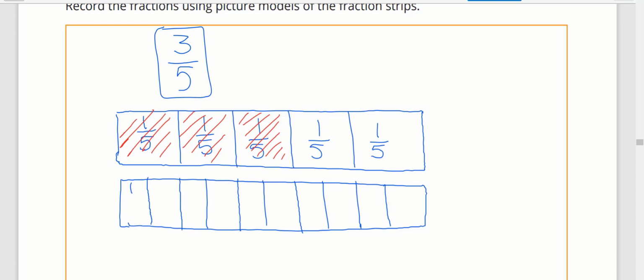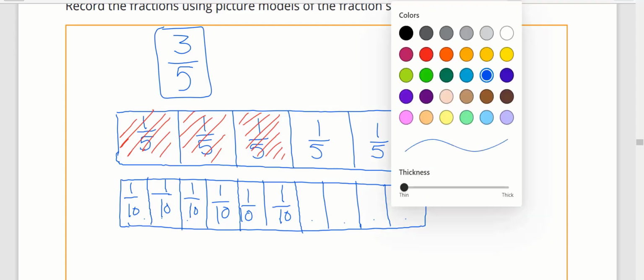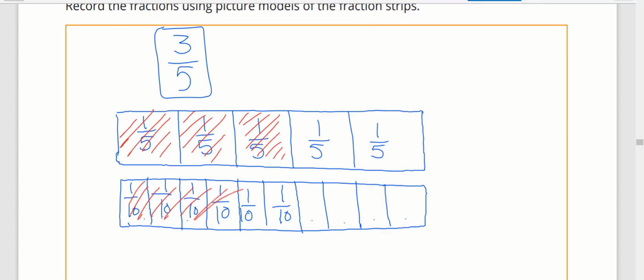Each part will be 1 over 10 because we have 10 equal parts. This shaded part is equal to 3 over 5.